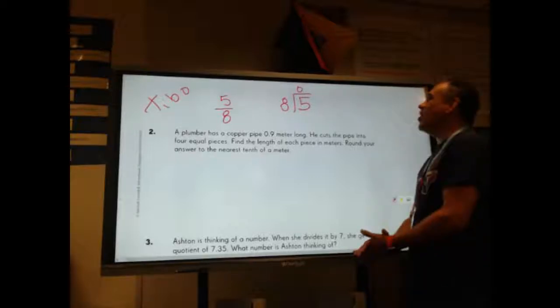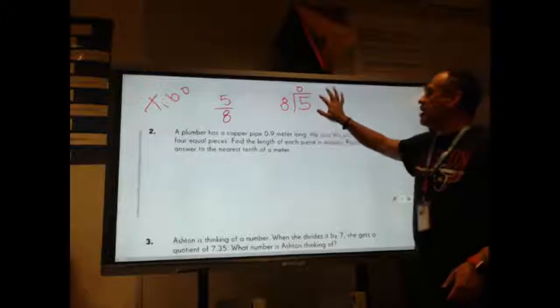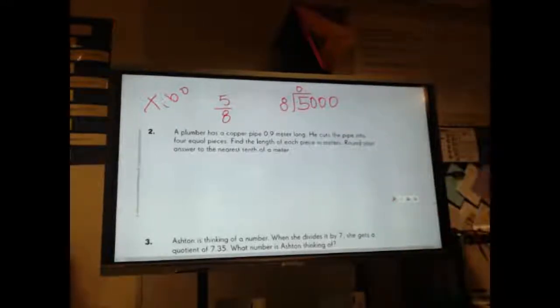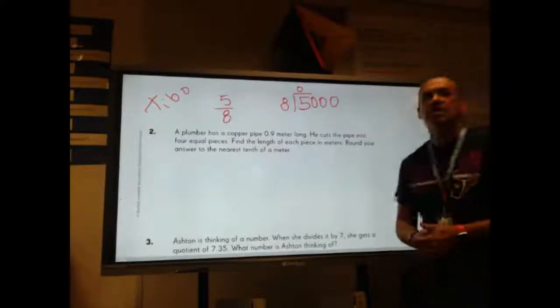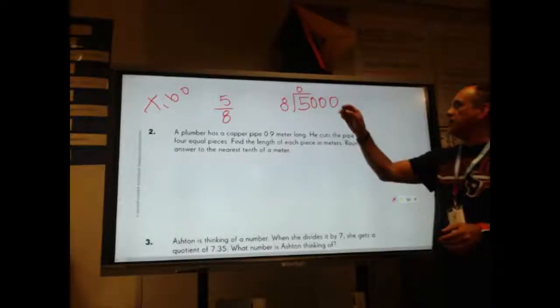Since it's less than 1, we're going to put a 0 point, and then we can add as many zeros as I want, right? Okay, so now, can I do it now? How many times does 8 fit into 50? 6 times, right?